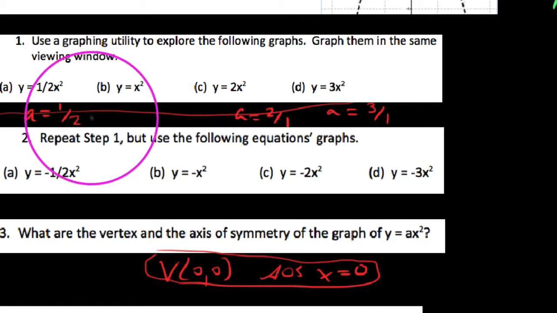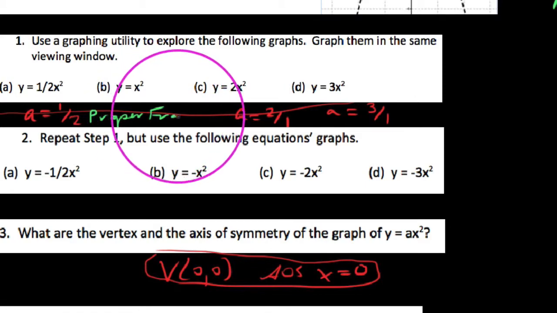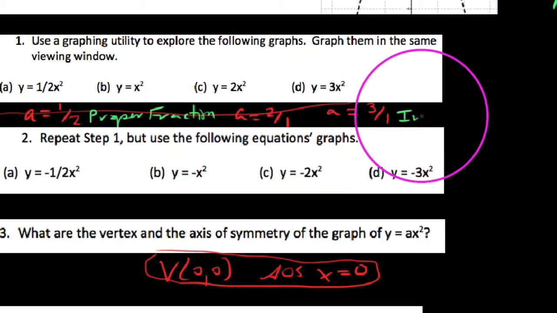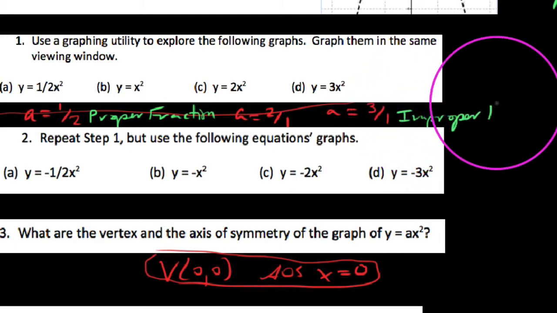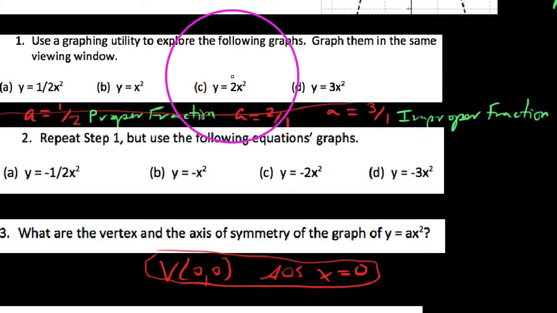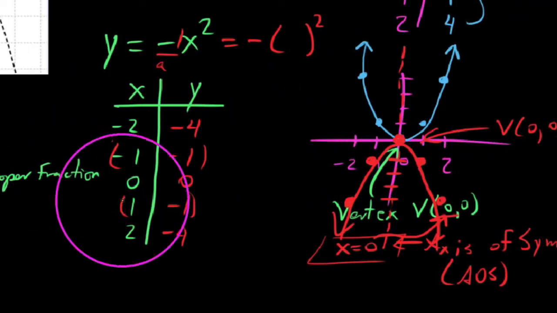The thing to point out here is this: a graph that is wider tends to be a proper fraction for an a value. And recall that a proper fraction just means that the bottom is bigger than the top. And then if we had an improper fraction, improper would imply skinniness. So if we say skinnier or wider than what? Then we say of our basic graph of y equals x squared that we've got over here, which had an a value of 1.